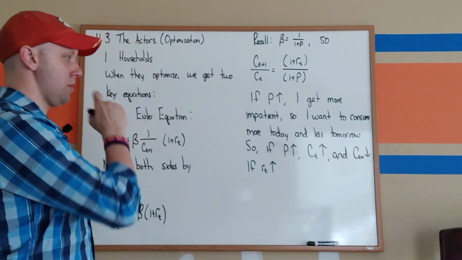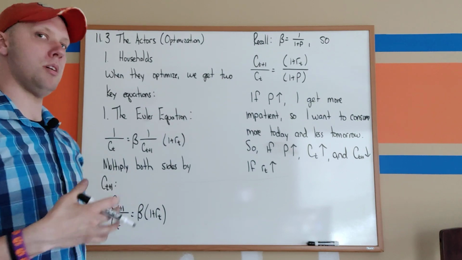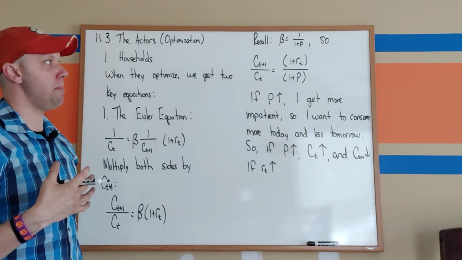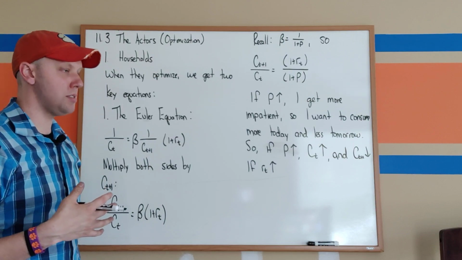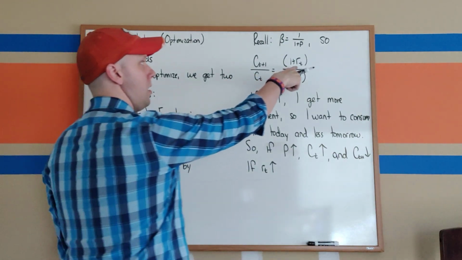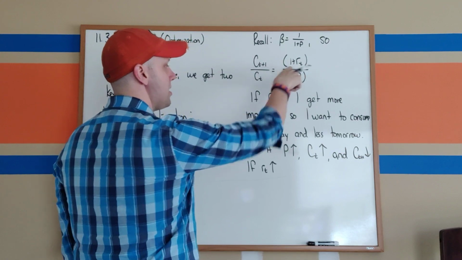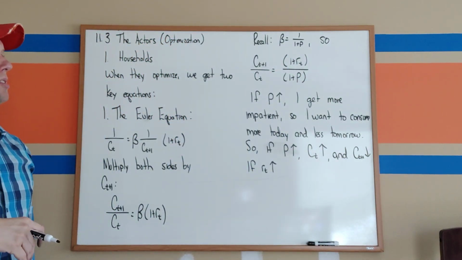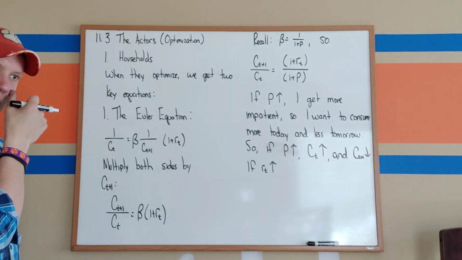Now let's say the interest rate goes up. According to this equation, what that means is, well, you're going to get more of an incentive to save. Because if interest rates are, say, 0, you've got 0 incentive to save.